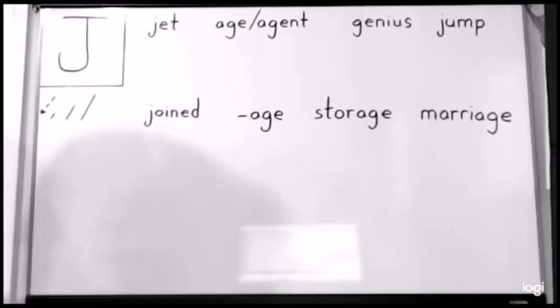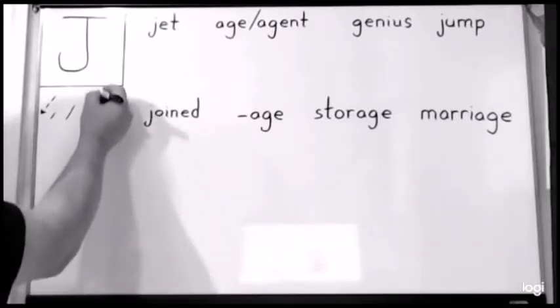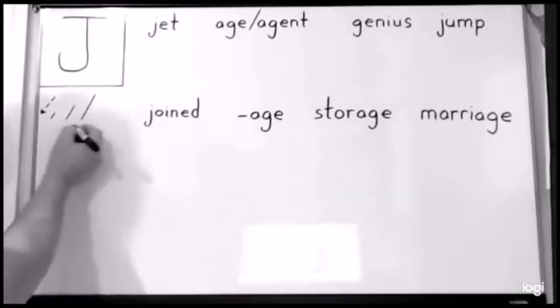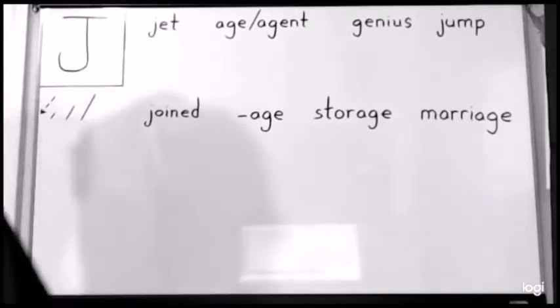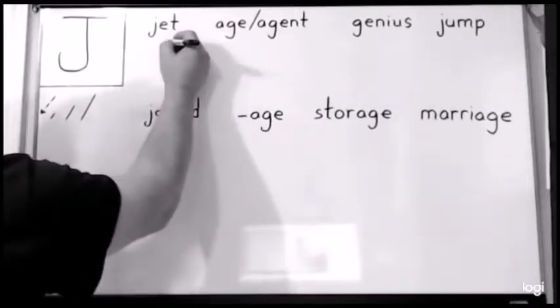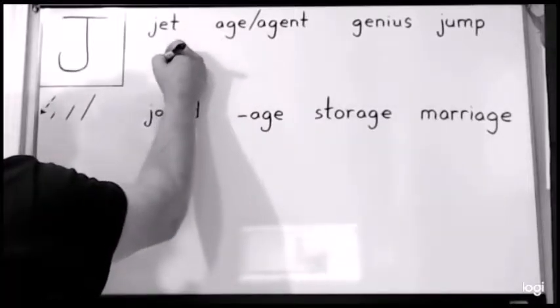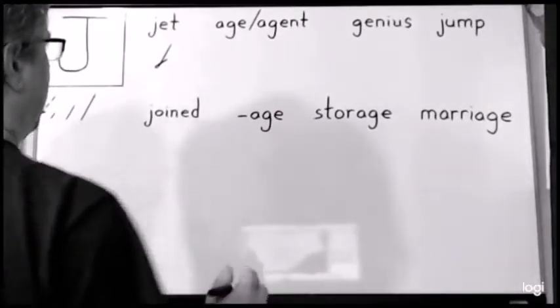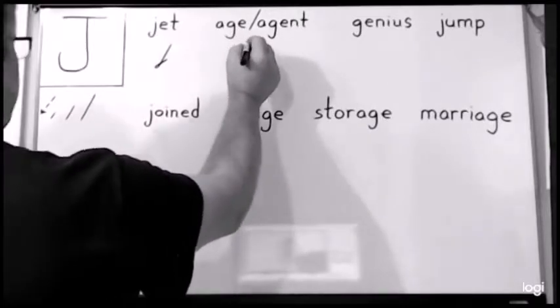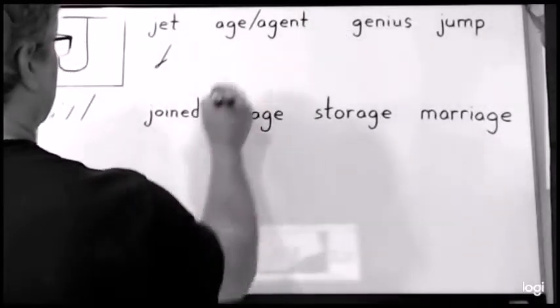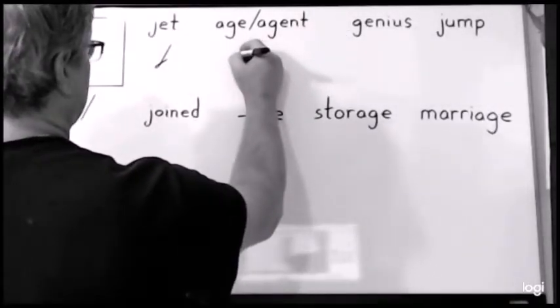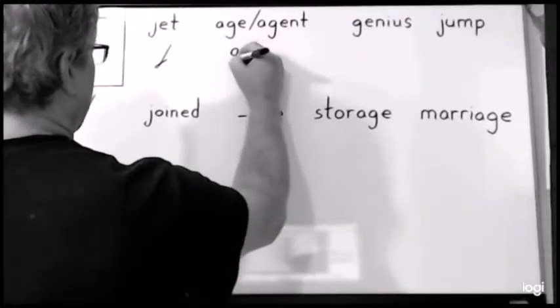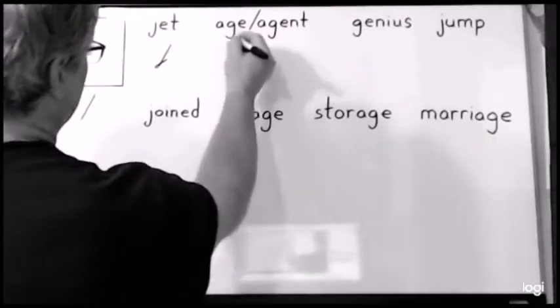The letter J is the large stroke of this set of strokes. So for the word jet, just write J-E-T. For the word age and the short form agent, we're just going to simply write an A and a J. Remember, written phonetically.